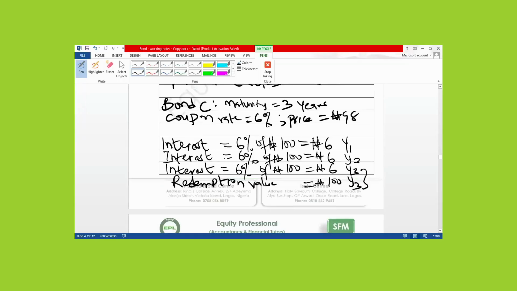Bond C is for 3 years maturity. Bond C has a coupon rate of 6%. Bond C has a price of 98. We now calculate cash flow for bond C. We said interest in year 1 is 6% of the face value, 6 naira.